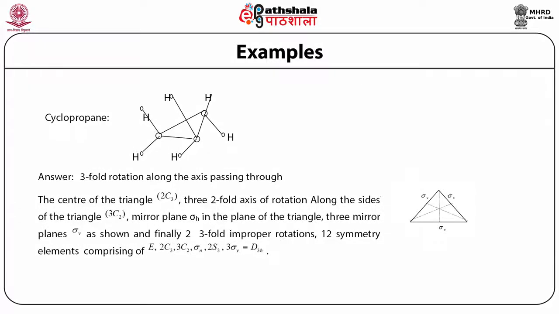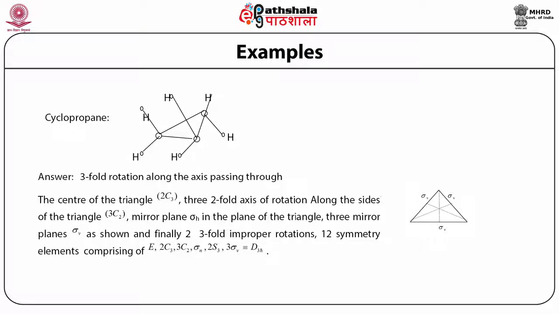Yet another example we consider is the molecule cyclopropane. You have a regular triangle consisting of similar atoms, and there are 2 hydrogen atoms bonded to each of these atoms. So this molecule has threefold rotation along the axis passing through the center of the triangle, as shown in the slide.